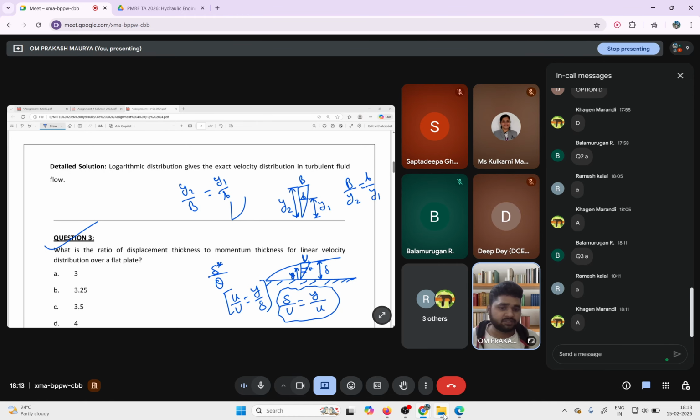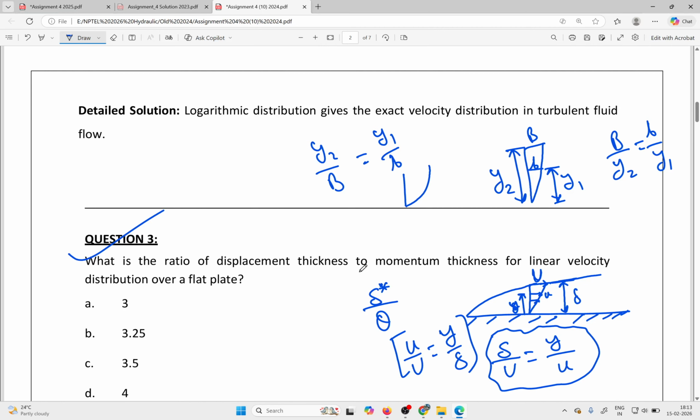Okay, so let me just explain. I'm not telling the formula of the boundary layer thickness, but the concept: how the boundary layer forms, what it means, everything. Okay, so the delta star formula and the theta formula.